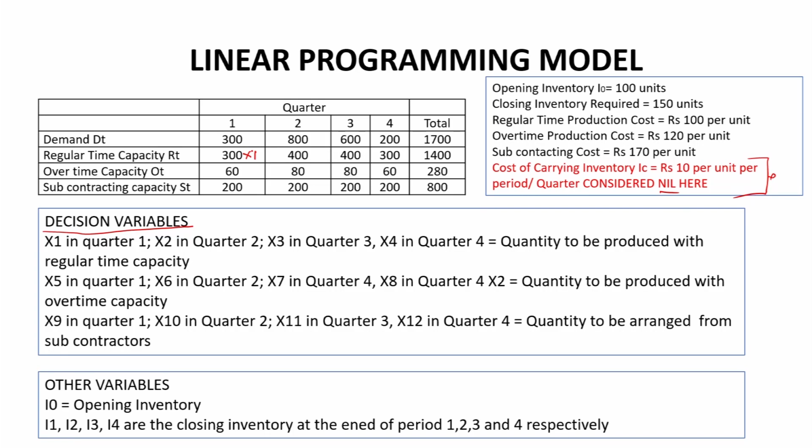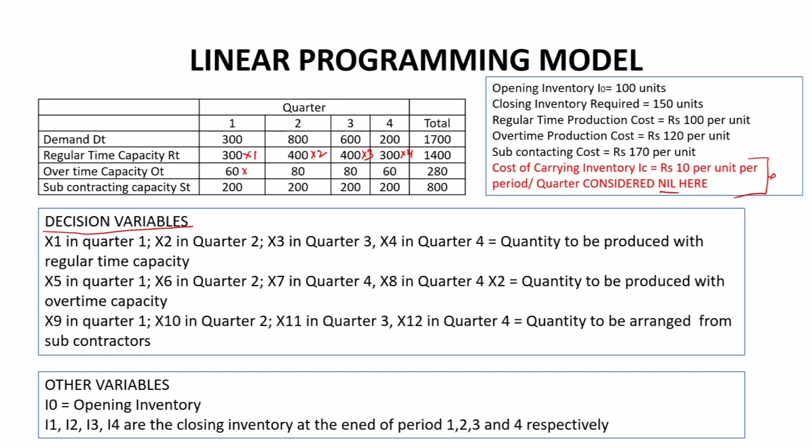The first decision variable, x1, is the quantity to be produced with regular time capacity in quarter 1. x2 is the quantity to be produced with regular time capacity in quarter 2. x3 is the quantity to be produced in quarter 3 with regular time capacity, and x4 is the quantity to be produced in quarter 4 with regular time capacity.